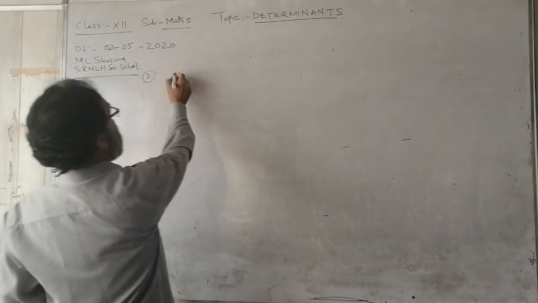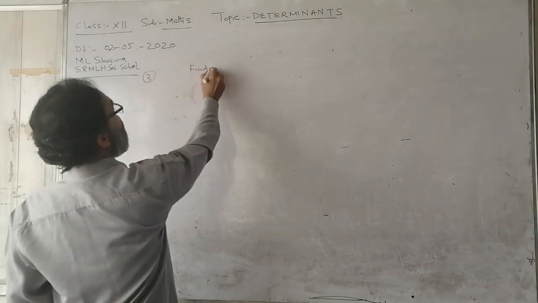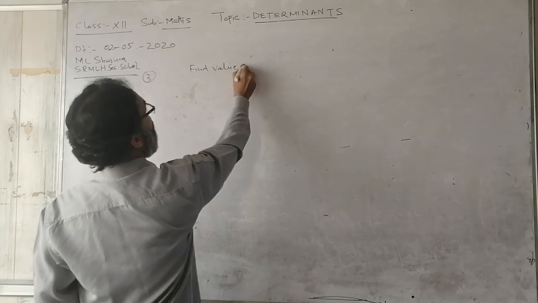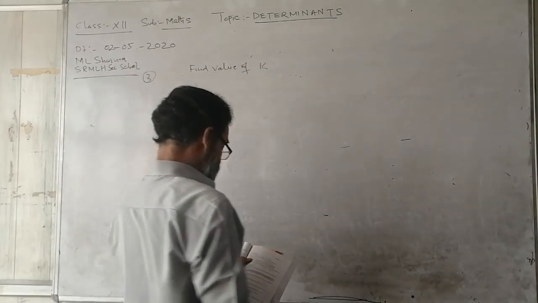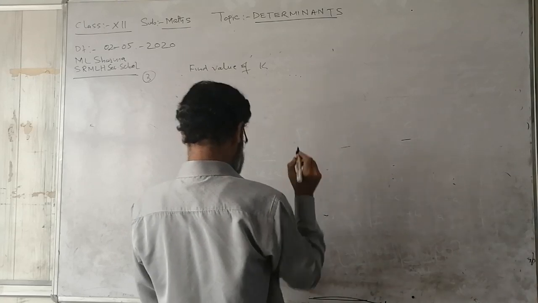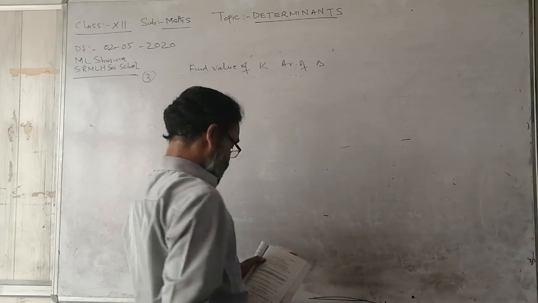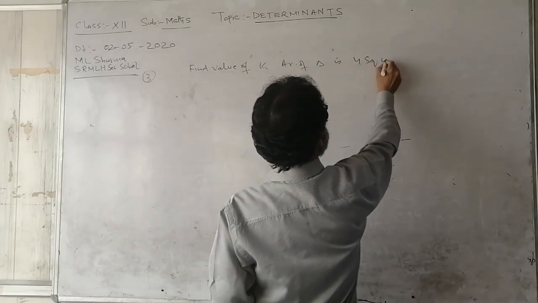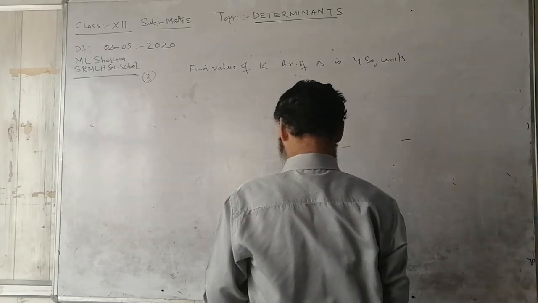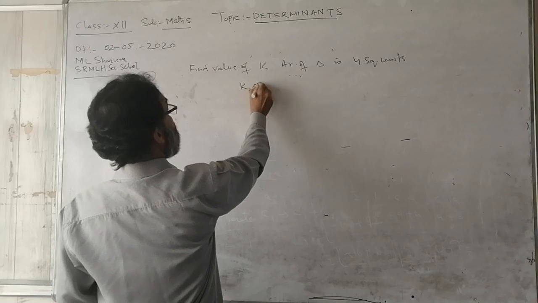You have to find the value of k. Find value of k. It is a constant. Area of triangle is given as 4 square units, and vertices are k, 0.